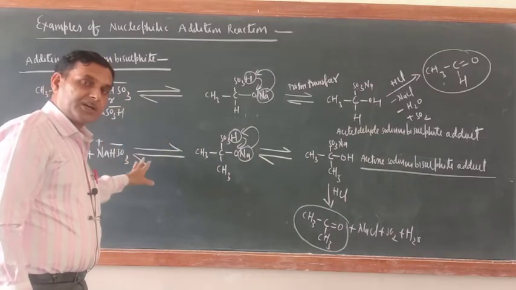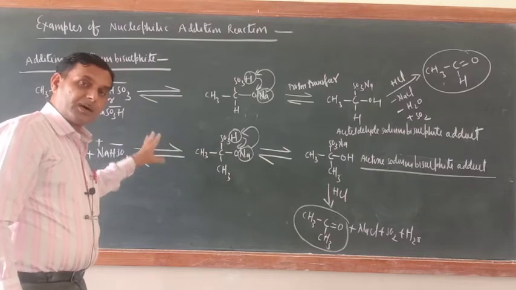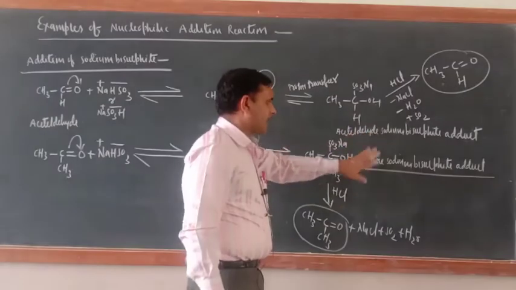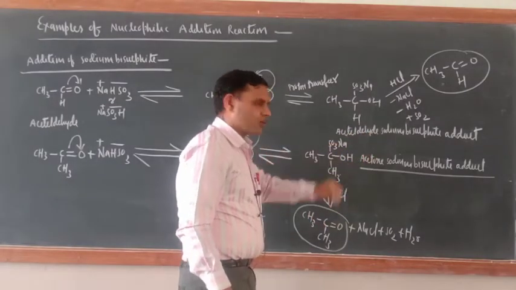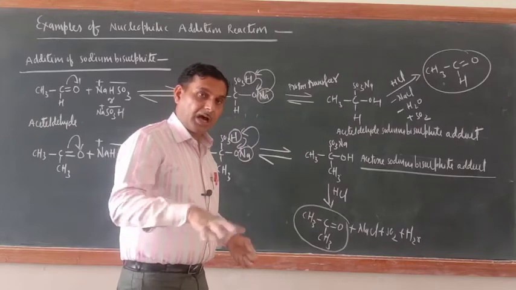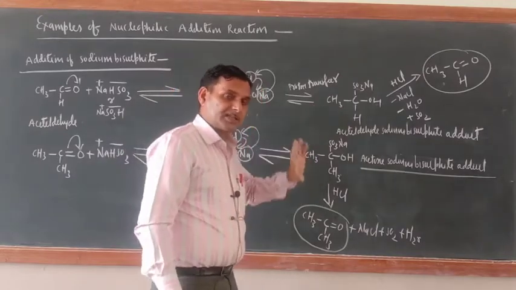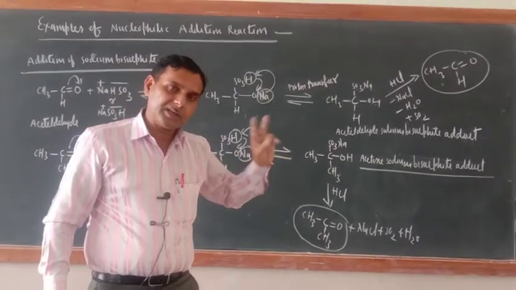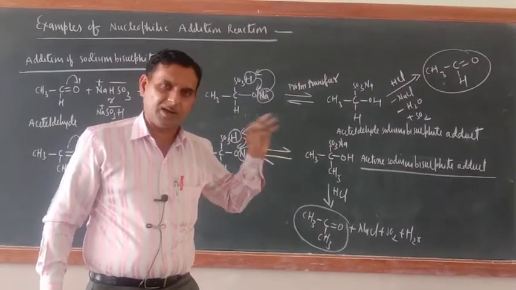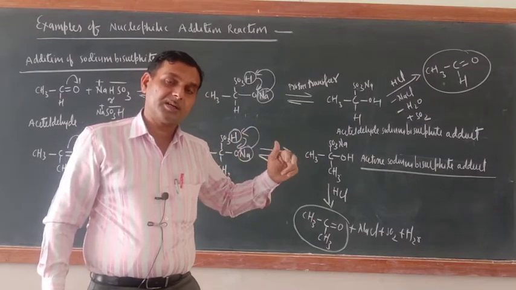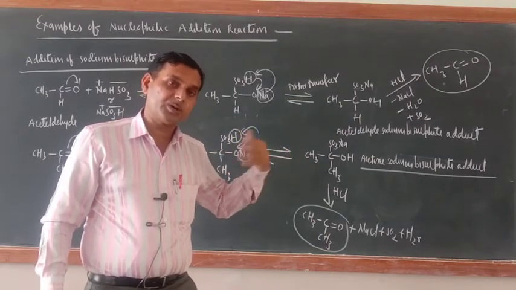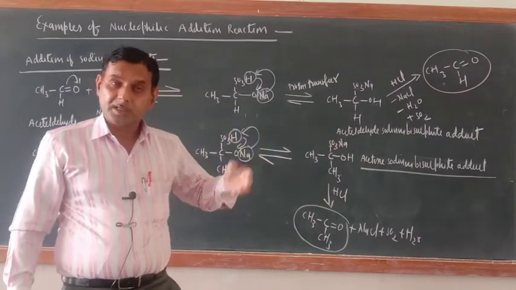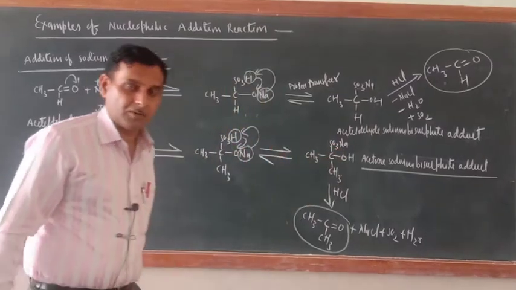The aldehydes and ketones will react with the sodium hydrogen sulfite and form these compounds, acetaldehyde sodium bisulfite and acetone sodium bisulfite. Now just see, from the mixture other compounds will not react, only aldehydes and ketones will react with the sodium hydrogen sulfite, because the reactivity of aldehydes and ketones toward sodium hydrogen sulfite is more as compared to other organic compounds.